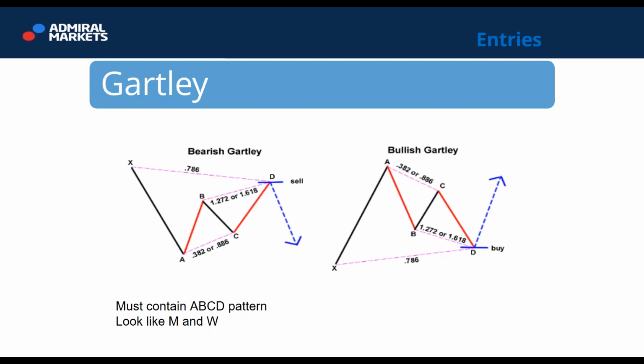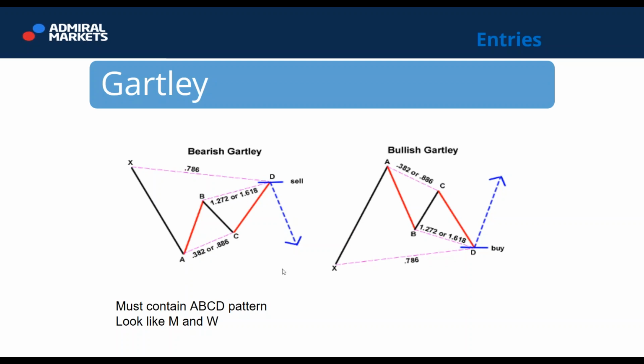Okay, it also uses Fibonacci levels, and it looks like M and W. For the bearish Gartley, the distance between X and D ideally should be 0.786. The distance between A to C is 0.382 or 0.886. Between B and D, 1.272 or 1.618.